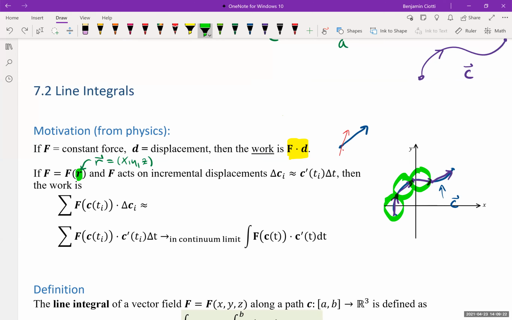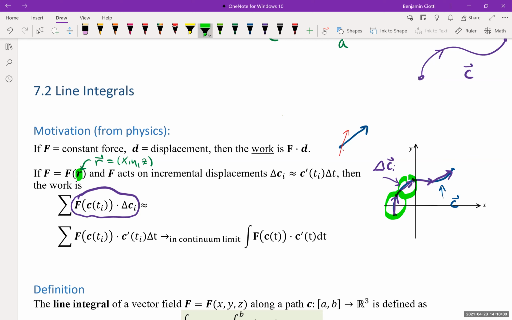Because if you have a smooth force field, then on each one of those incremental displacements, you can use the familiar definition of work. So on each one of those incremental displacements, let's call them delta Ci, you do a little bit of work as you move the object over that displacement. The little bit of work that you do will be this expression right here.